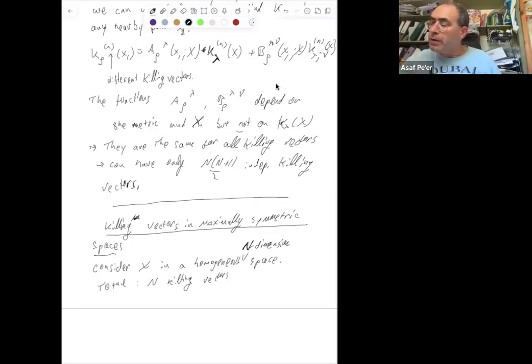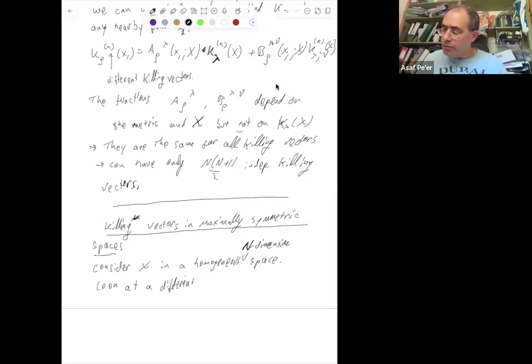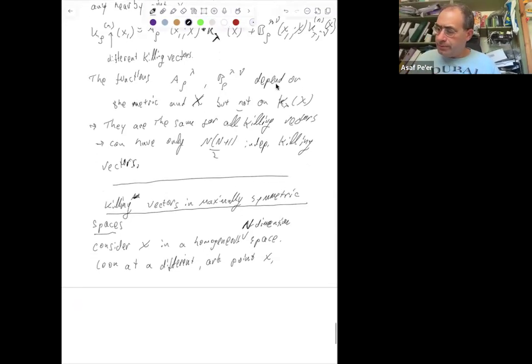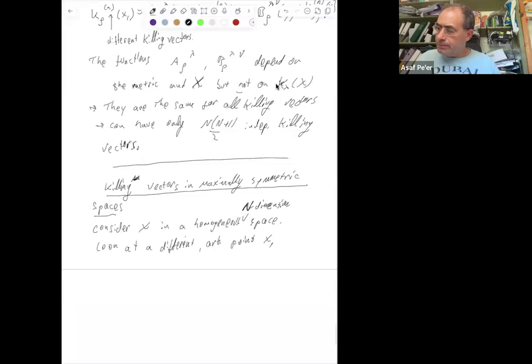I should start in a different way. Look at a different, arbitrary point, x1. There is always a Killing vector between x and x1. In n-dimensional space, there are total n independent Killing vectors.